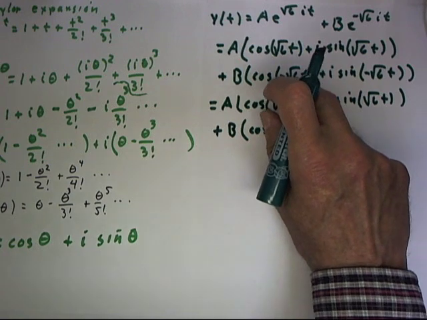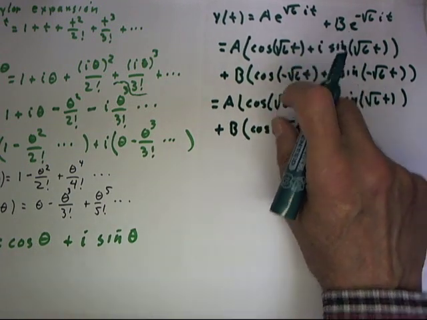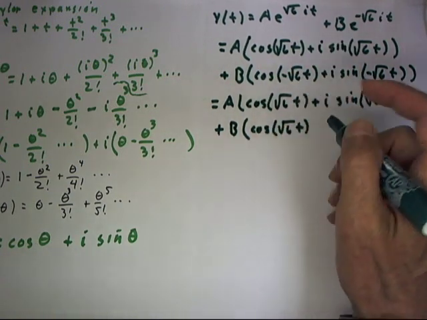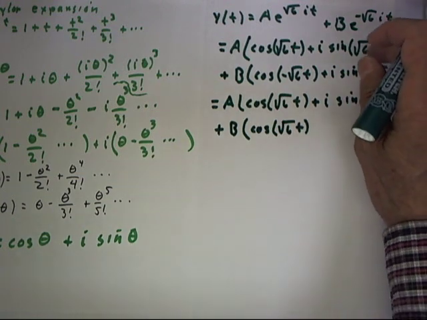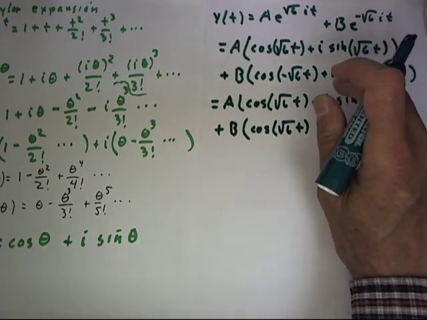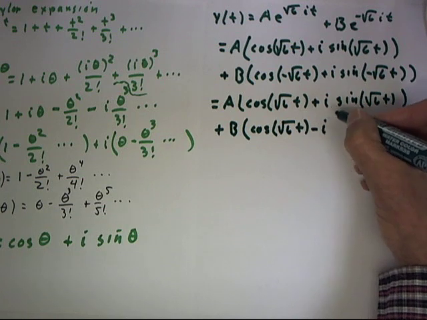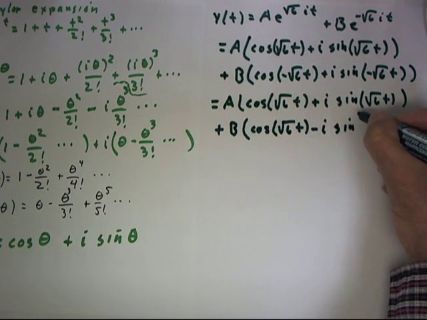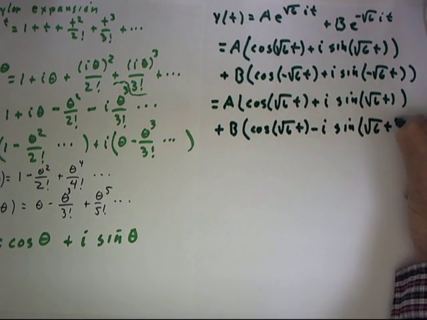The cosine of negative square root of 6t is the same as the cosine of the square root of 6t. Sine, on the other hand, is an odd function, so we get minus i times the sine of the square root of 6t.